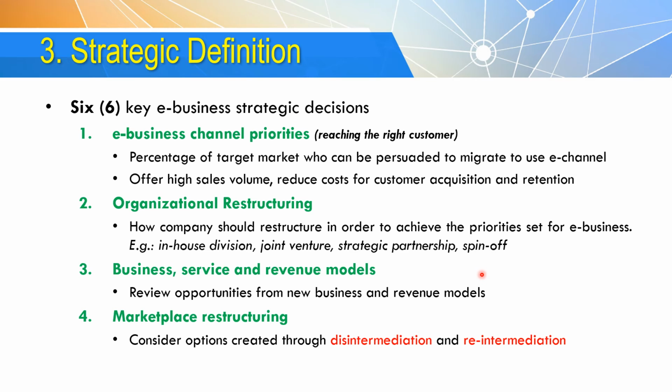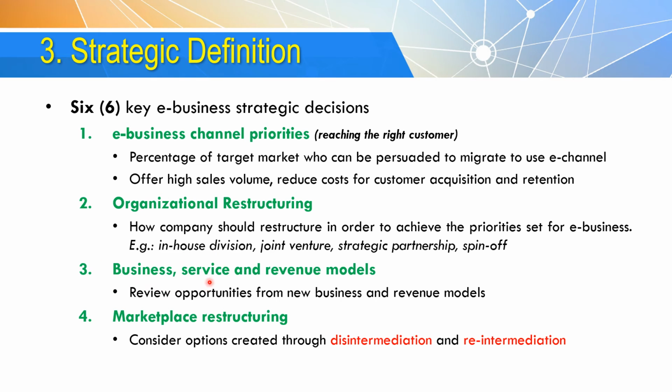For example, you may have a joint venture, or you may need a strategic partnership with your supplier, or some departments may need restructuring, removing parts that are not needed, or moving some manual processes to online processes.